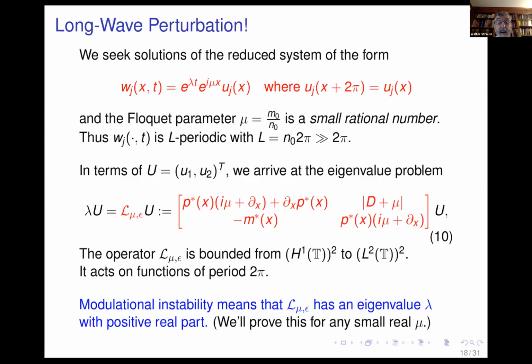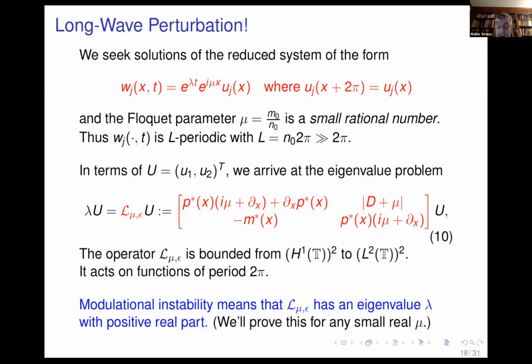It's convenient to take the Floquet parameter mu to be a rational number, because then Wj has period L. We can also, in some sense, avoid that, but let's just say mu is a rational number for the time being.